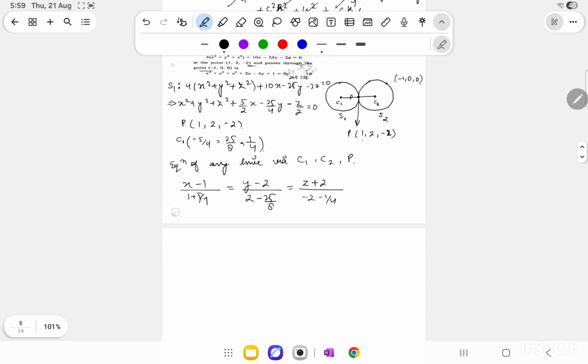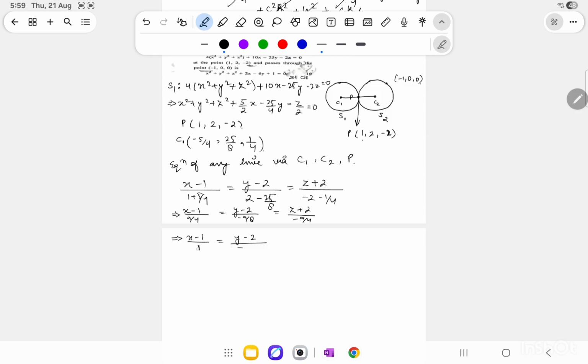So if I simplify it, I'll get (x minus 1) upon 9/4 equals (y minus 2) upon (16 minus 25) by 8, which is -9/8, equals (z plus 2) upon -9/4, which I can also simplify as (x minus 1) upon 1 equals (y minus 2) upon -1/2.